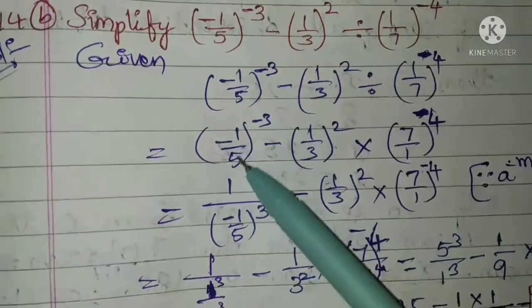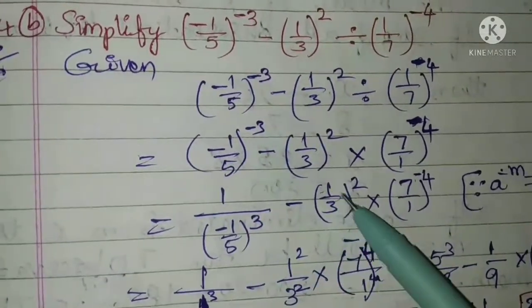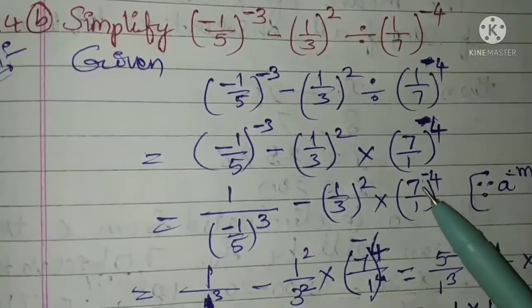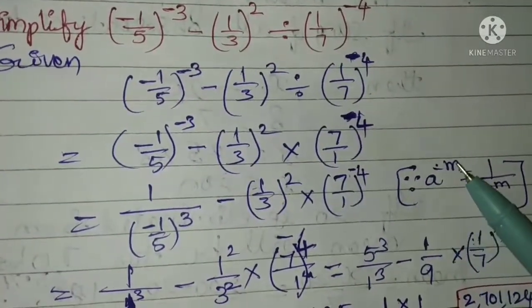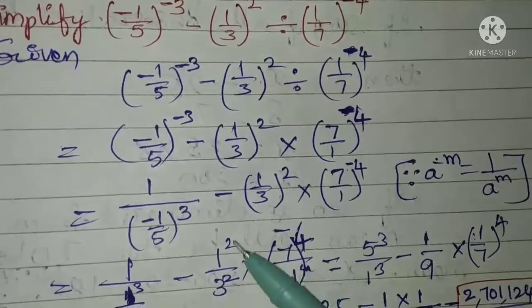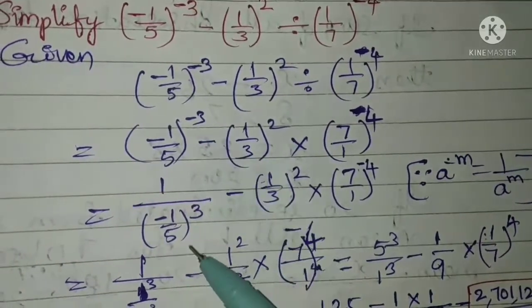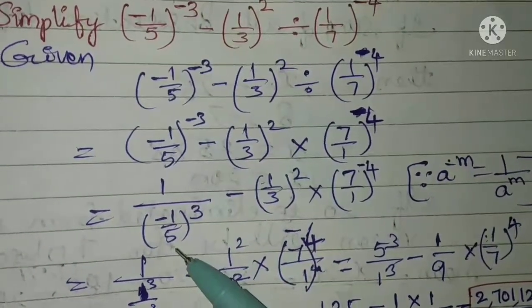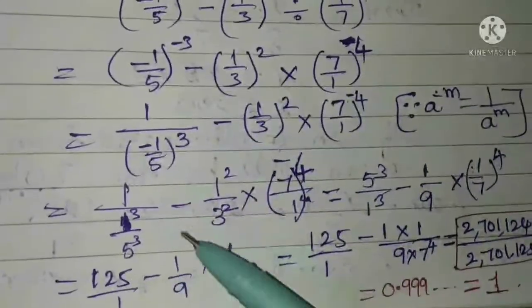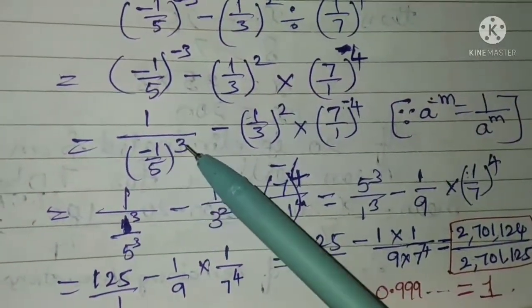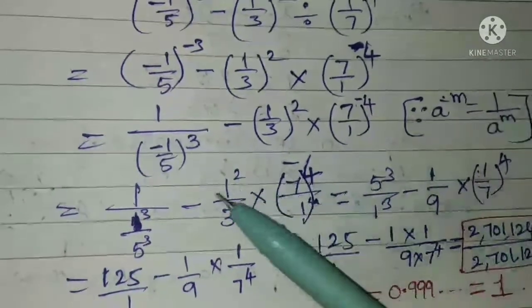This whole part, minus 1 by 5 minus 1 by 3 whole square into 7 by 1 whole to the power minus 4. Which formula will we use here? a power minus m is equal to 1 by a power m. So minus 3 will become 1 by minus 1 by 5 whole power 3. Next, the same step again. Apply this cube to both numerator and denominator.